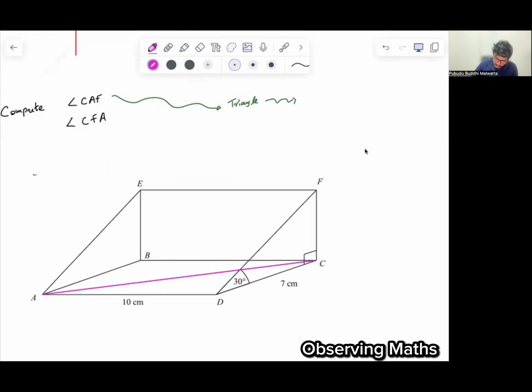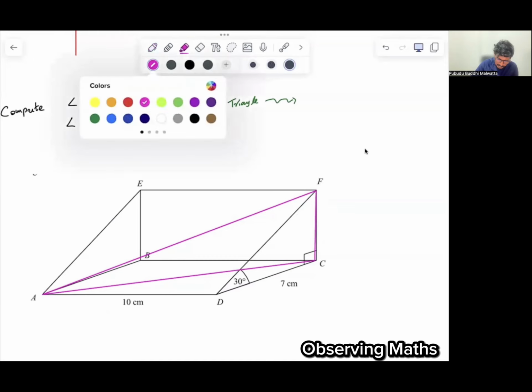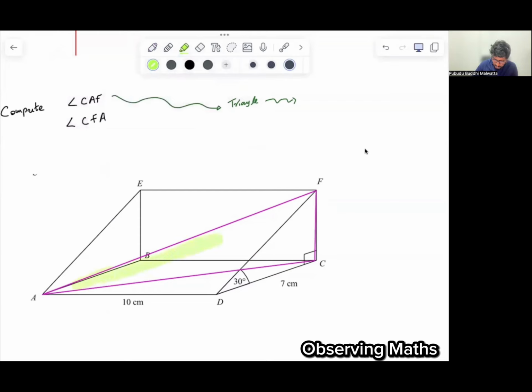So CAF. Maybe let me shade the region. Now we are talking about this triangle, and that's 2D. A triangle is always a two-dimensional object.